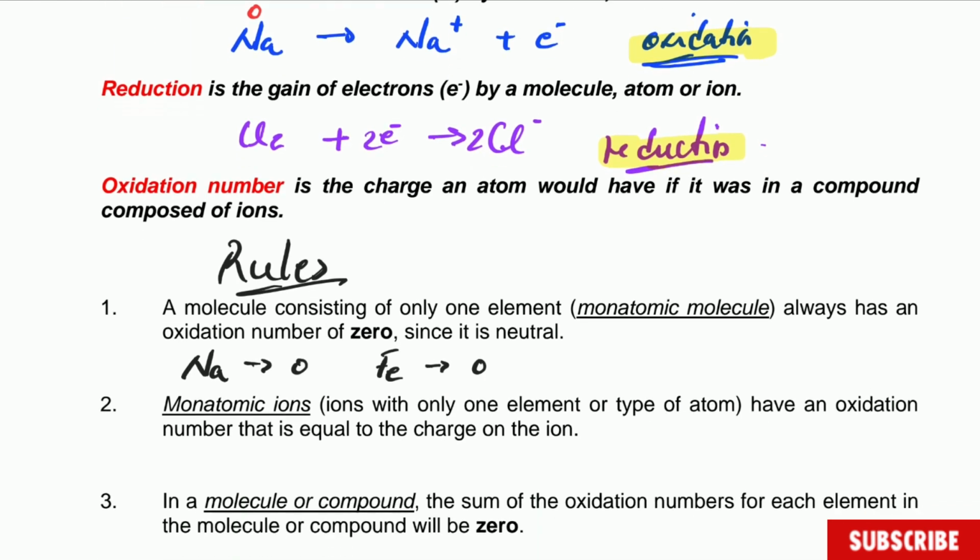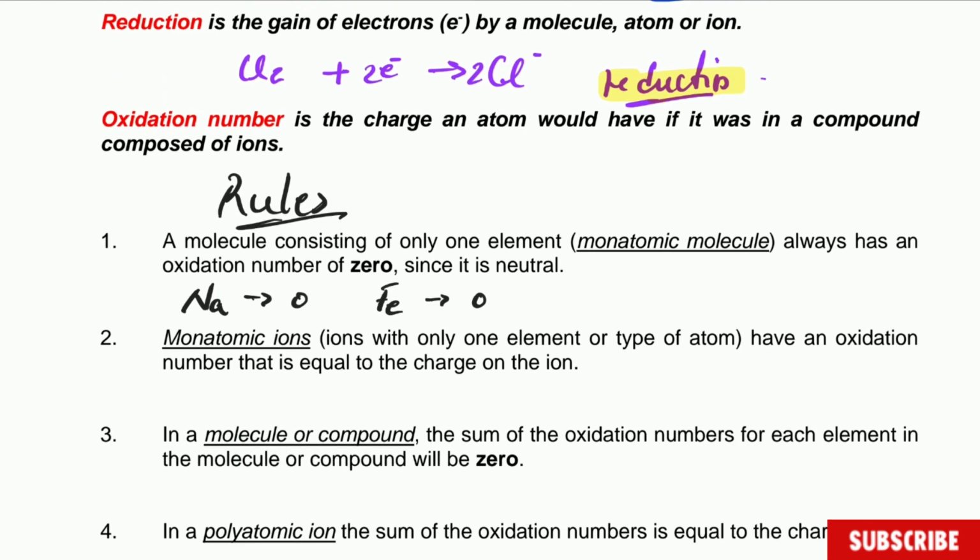Now, second rule, monatomic ions. Monatomic ions have an oxidation number that is equal to the charge of the ion. The monatomic ions we're speaking about are, for instance, H+. That is a monatomic ion, meaning an ion of one atom, and the oxidation number is positive 1.